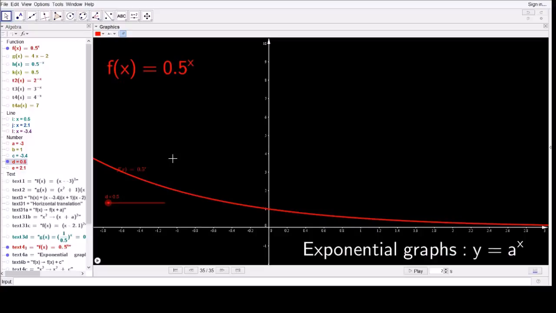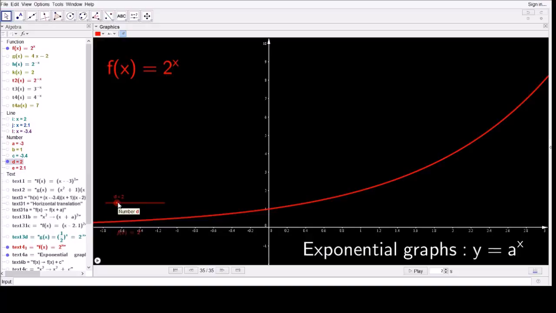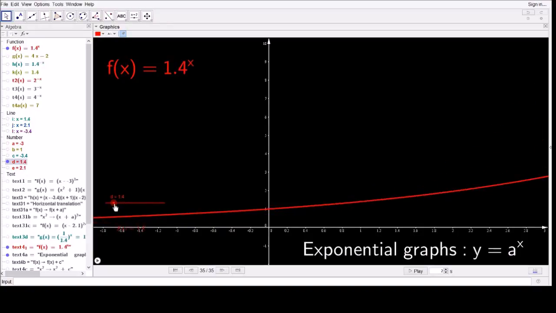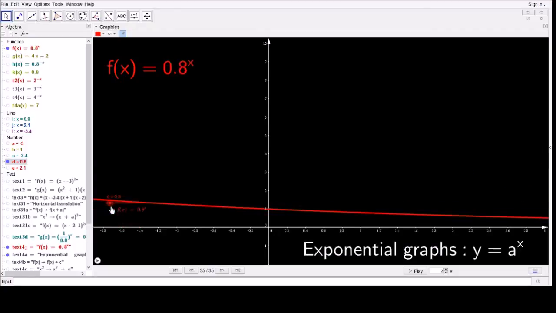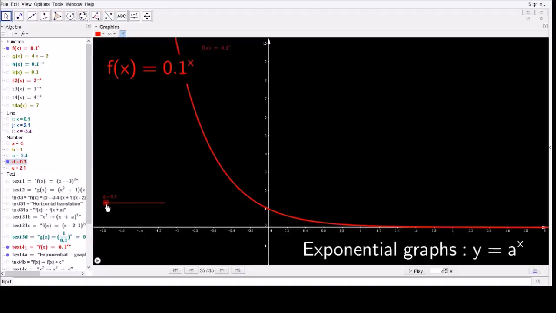Well, that's interesting because if we just go back to positive 2, they look very similar, don't they, in terms of how steep the graphs are. So that's f of x equals 2 to the x, and that's f of x equals 0.5 to the x.